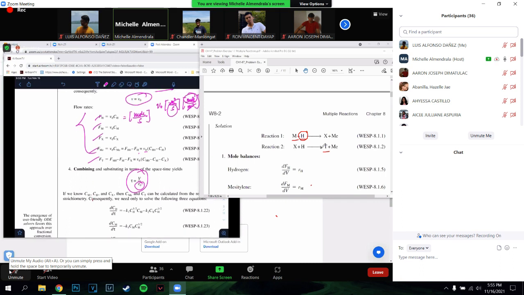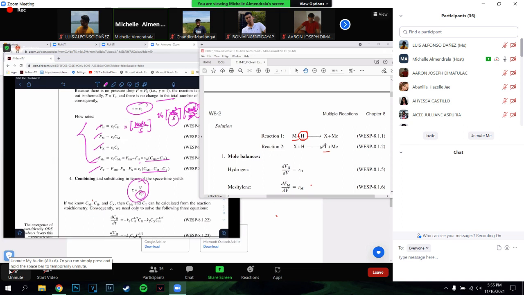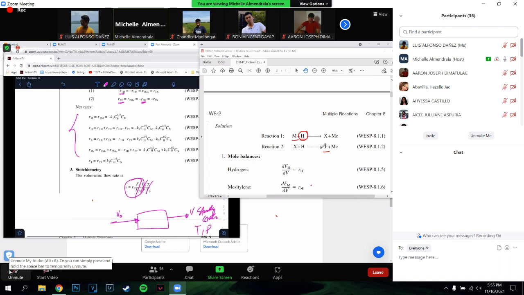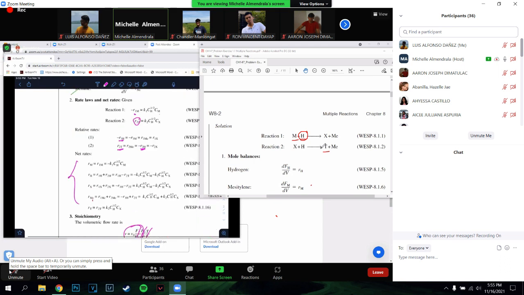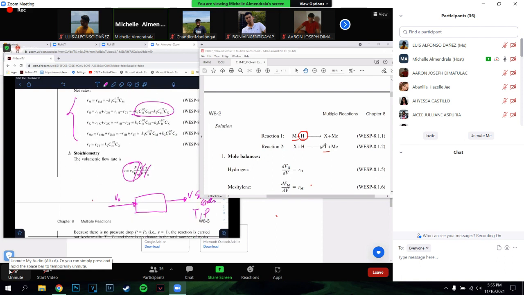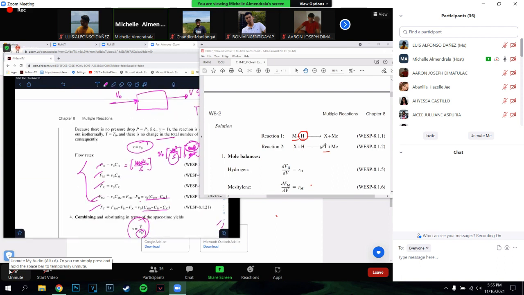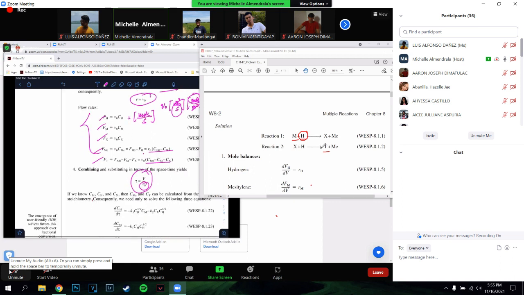Substitute the flow rates and get dCH over d tau. Combine this and this tau expression. All right, I forgot to define that.